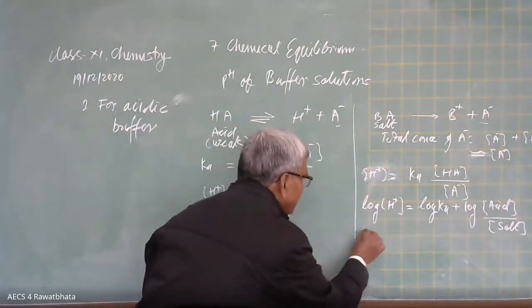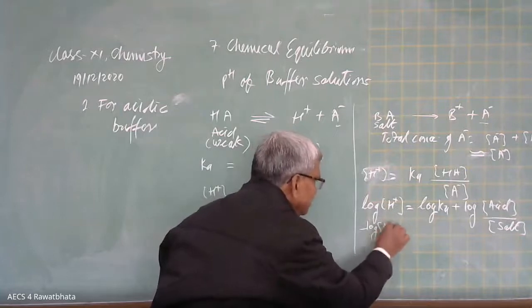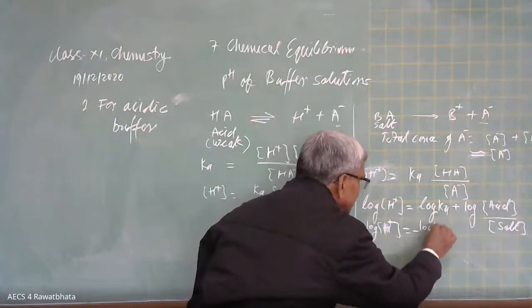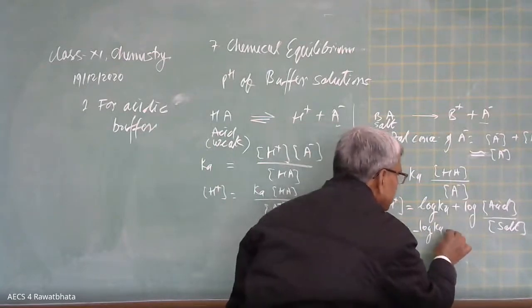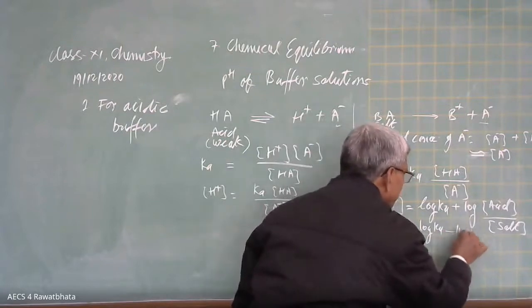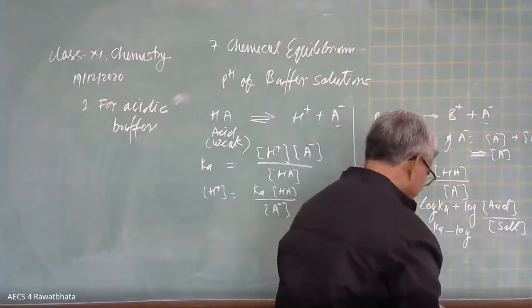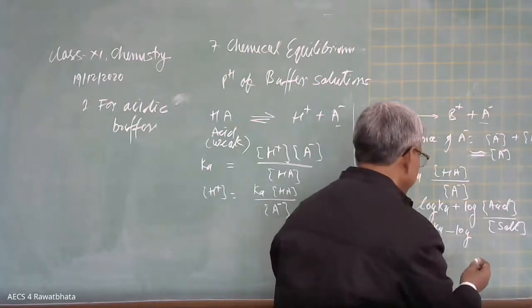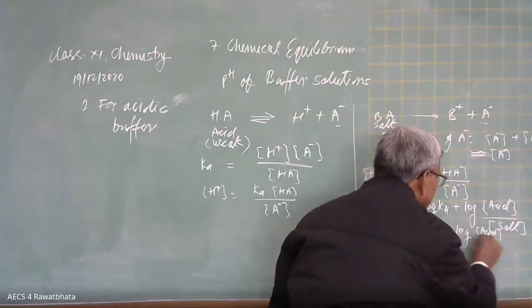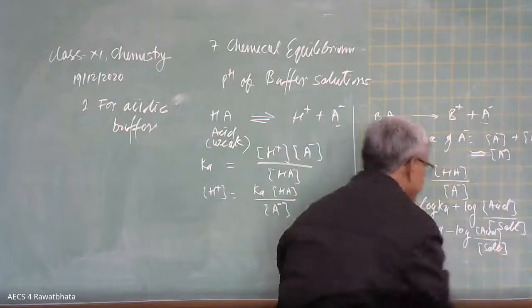Then it becomes minus log [H+] equals minus log Ka minus log acid divided by salt. The whole equation is multiplied by a negative sign.